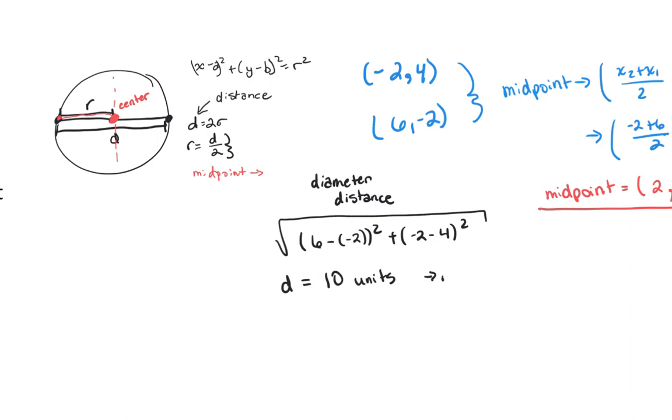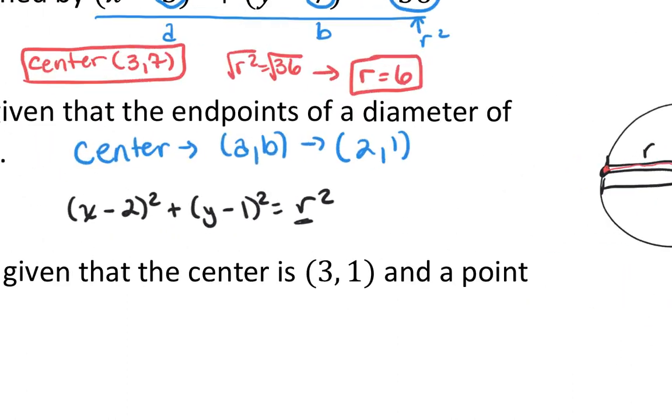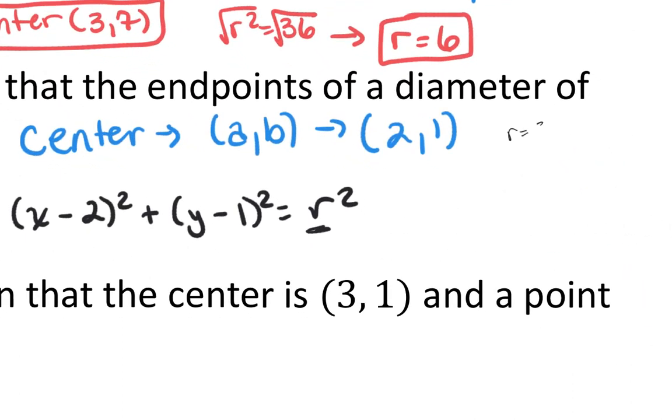So we know our radius is d divided by 2, so our radius is 10 divided by 2, which is 5. So we found our radius. So we know r is 5, so we can plug that into here as 5 squared.